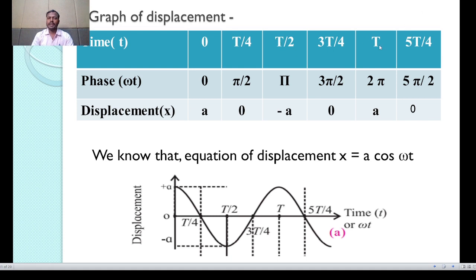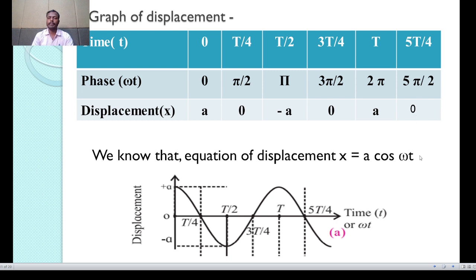Now the next. When the time is capital T, the phase is 2 pi. Cos 2 pi is 1 multiplied by a, that is a. So when the time is T, displacement is a. The point is here. Now the next. When the time is 5T divided by 4, the phase is 5 pi divided by 2, which is nothing but 2 pi plus pi by 2.